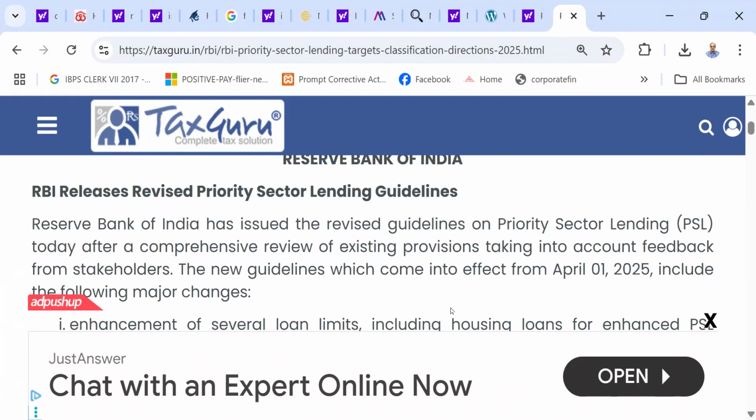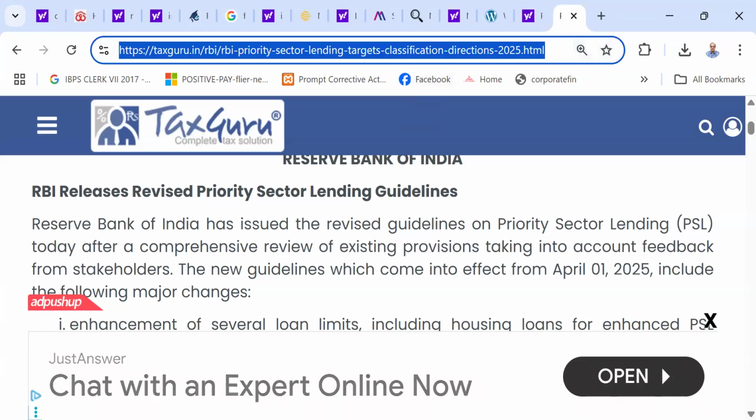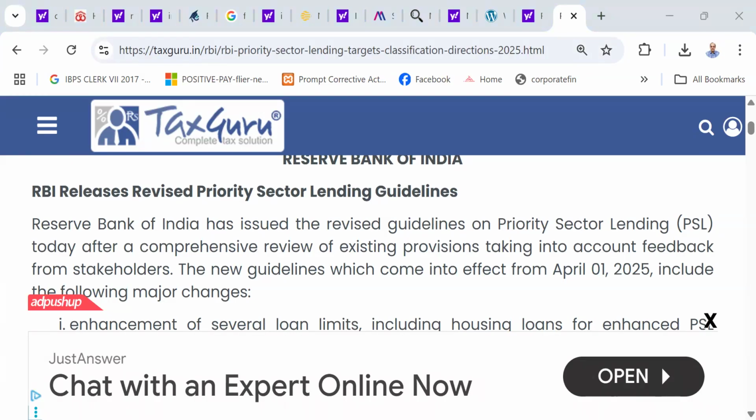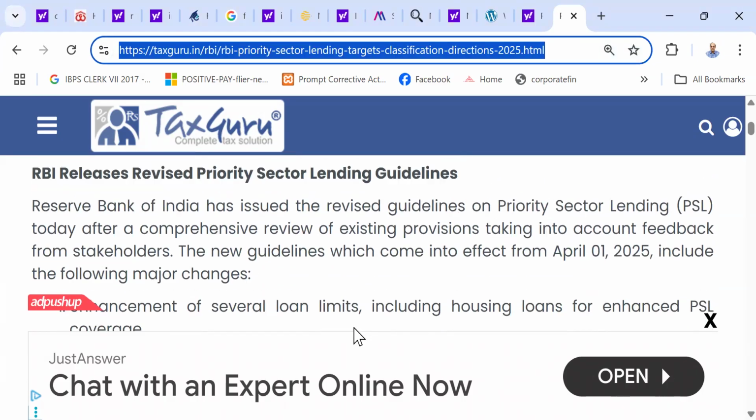RBI releases revised priority sector lending guidelines. I should share this with you, because whatever material I give, they become outdated because some new rules are passed, regulations are made. So we should be keeping ourselves in touch with the internet.